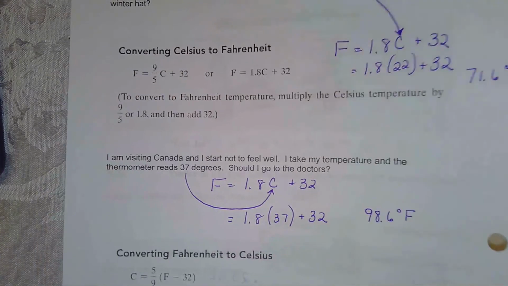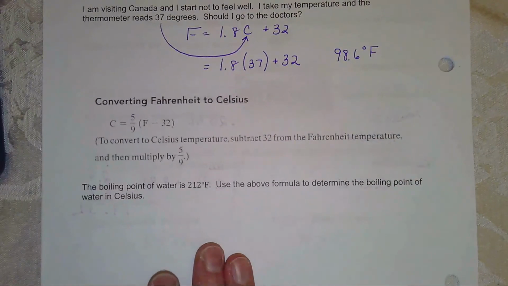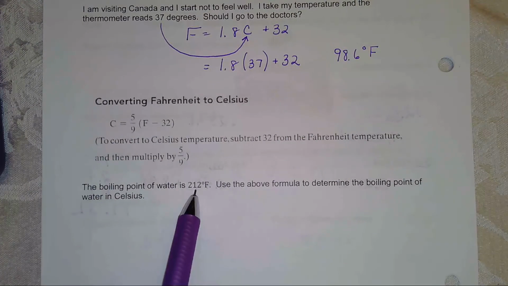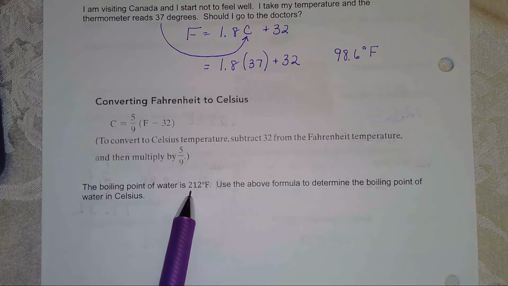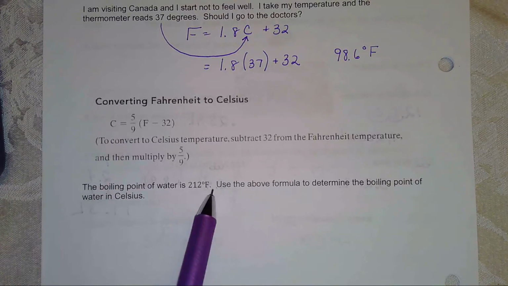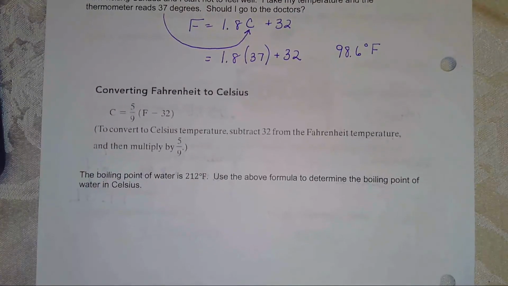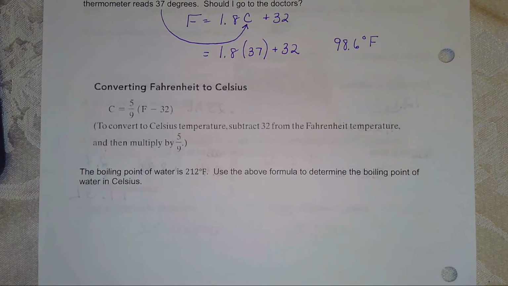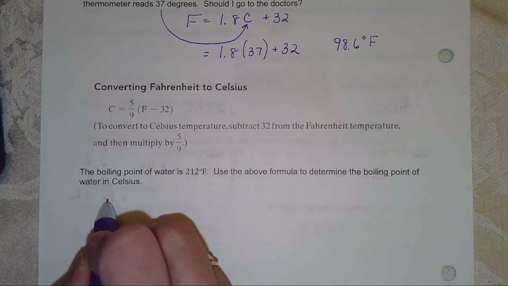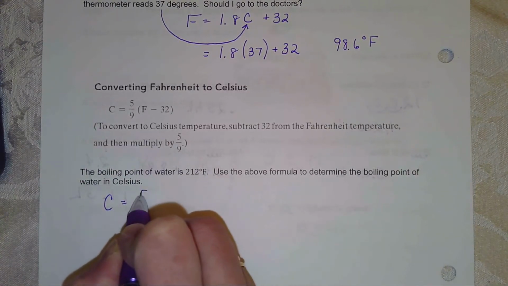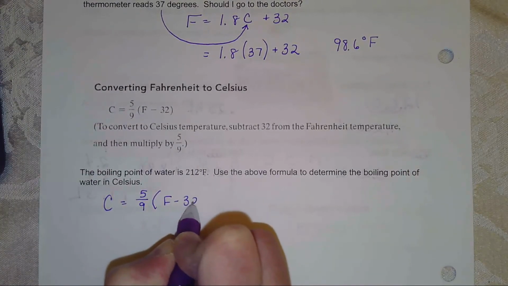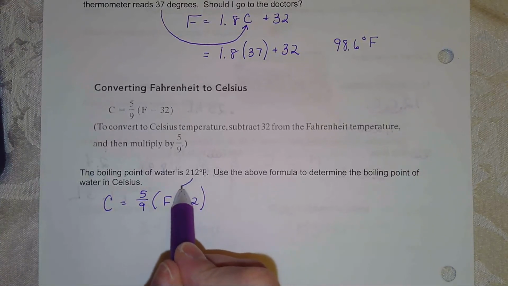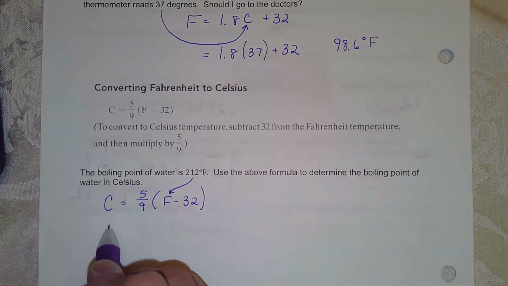And the last little bit is this down here, where if you're given Fahrenheit and you want to check for Celsius. So the boiling point of water is 212 degrees Fahrenheit. But if you're in a lab, you might just be dealing with Celsius instead of Fahrenheit. So what's the boiling point in Celsius? All right, so this is the formula you'll be given to convert from Fahrenheit to Celsius. So you're going to pop that into your calculator.